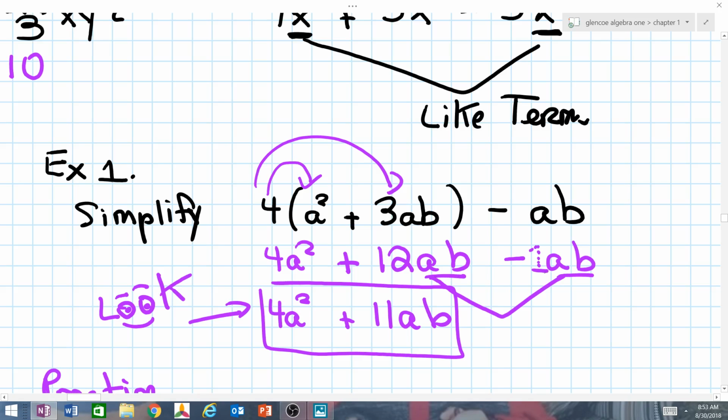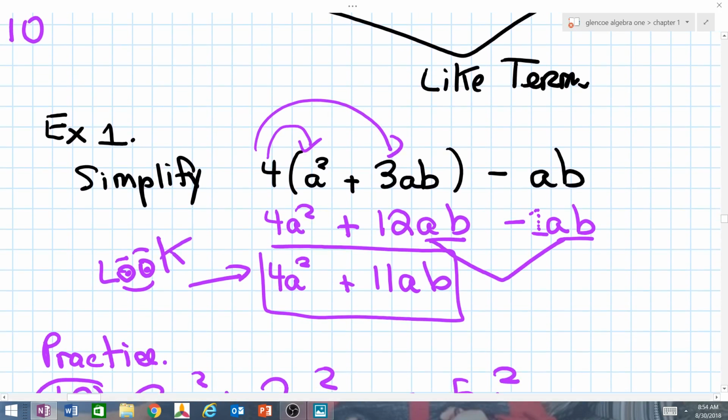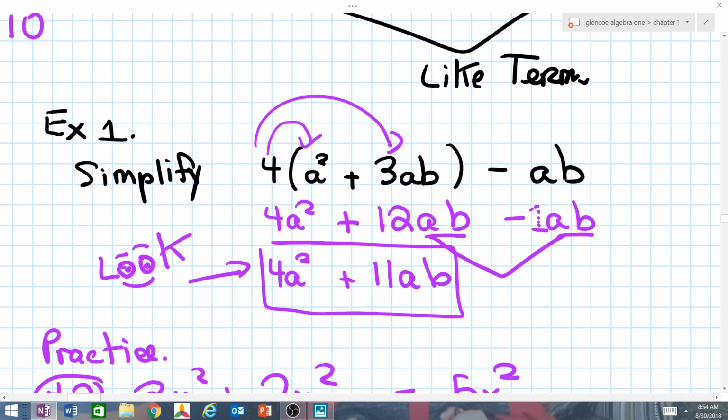My third term also has a variable part of ab. 12ab minus 1ab are like terms, which means they can be combined. 12ab minus 1ab is 11ab, and my final answer is 4a squared plus 11ab.